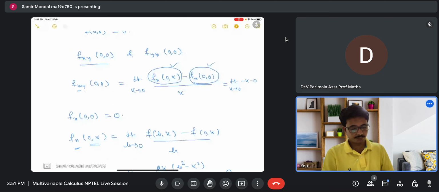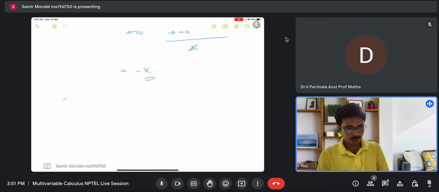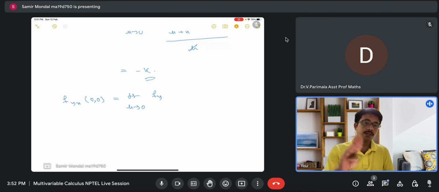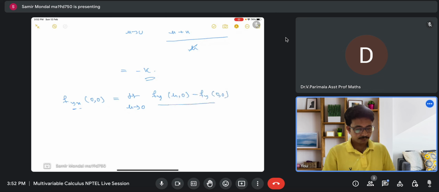And for the other one, f_yx at the point (0,0), what is the definition? Limit h tends to 0. Here f_yx means we already did the partial derivative with respect to y first, then we go for x. So the partial derivative with respect to y at the point (h,0) minus f_y(0,0).